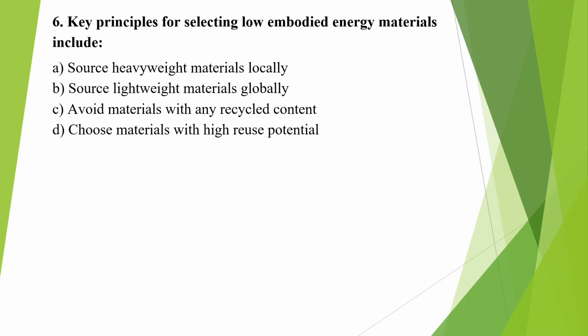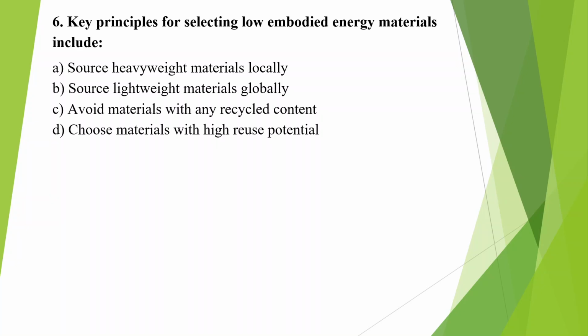That is talking about avoid materials with any recycled content. This is not at all correct. But apart from A and D, option B is also correct. Whenever you are talking about the key principle for selecting low embodied energy materials, then heavy materials, since their transport will be more, should always be sourced locally to cut the transport fuel.